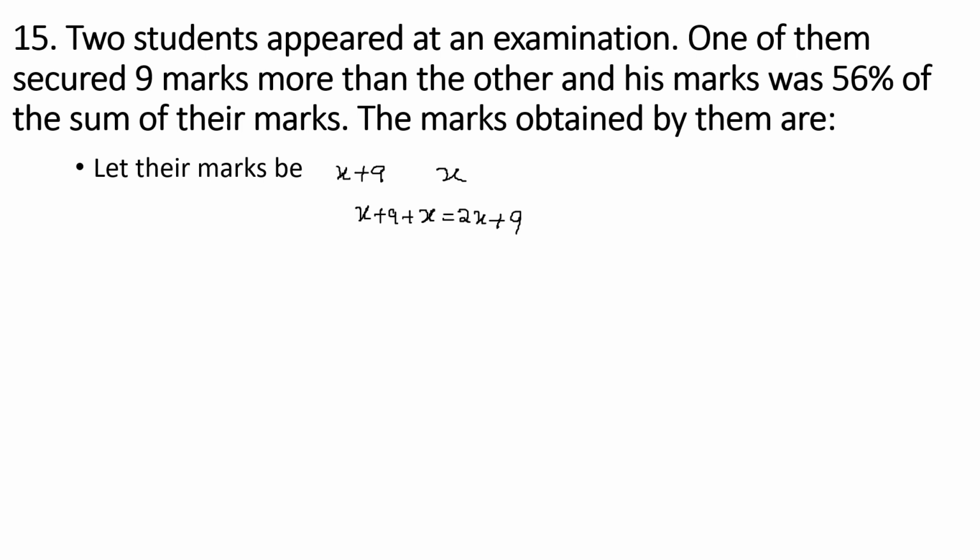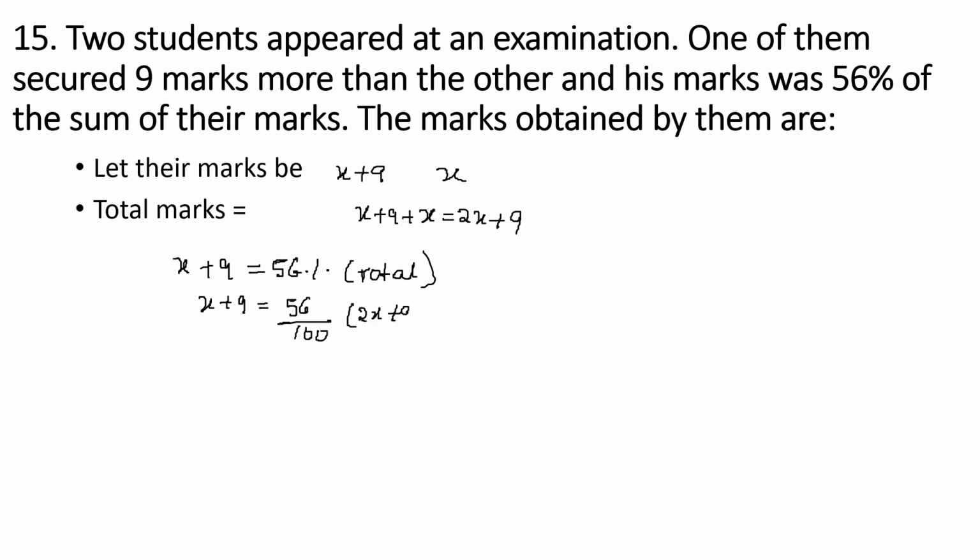Now it is given that the score of the first student, that is x plus 9, is equal to 56% of the total marks. So that means x plus 9 is equal to 56 by 100 of the total, which is 2x plus 9.